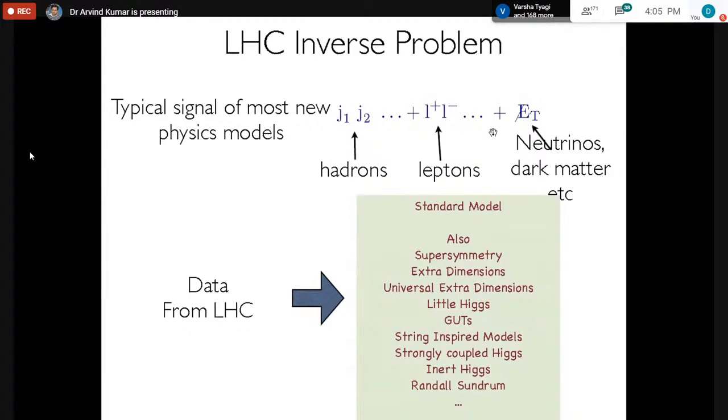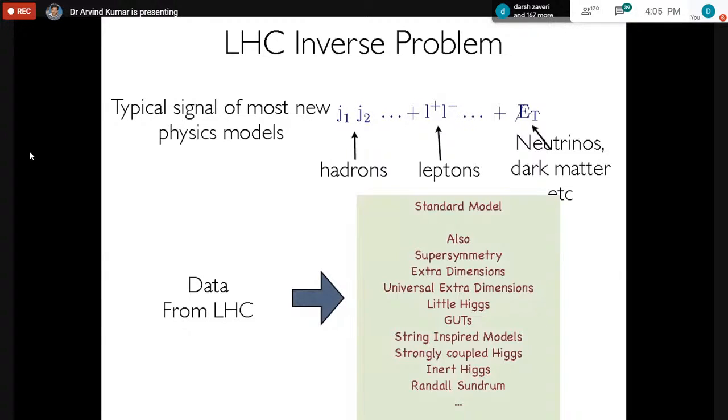Now you want to fit this with your theory, because you have to compute your cross section and fit it with your entire experimental setup. Essentially, you want to match the theory. Now this theory could be the standard model, or it could be any of the list of things written here. There could be n number of theories which could give you the same result. That's a different problem altogether, which causes the LHC inverse problem.